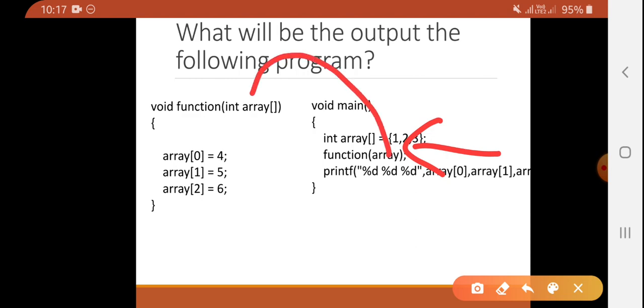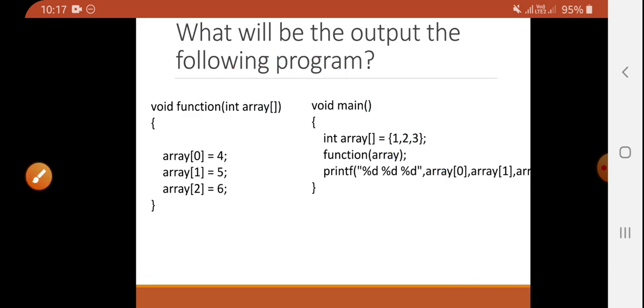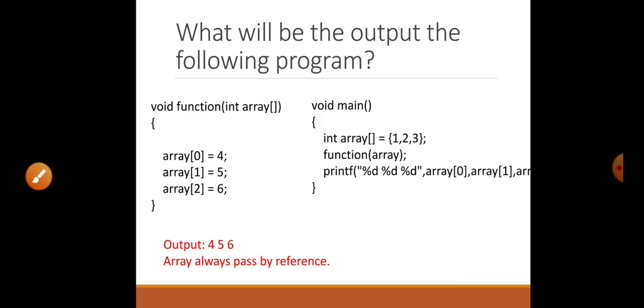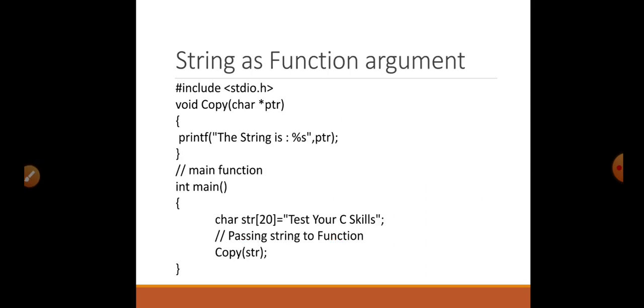We are passing the address here. You can change the name of the variable here also, but for simplicity I have kept the same name, because it will store the address of the array. Whatever change you make here will be done on the original array. So keep in mind, an array is always passed by reference.